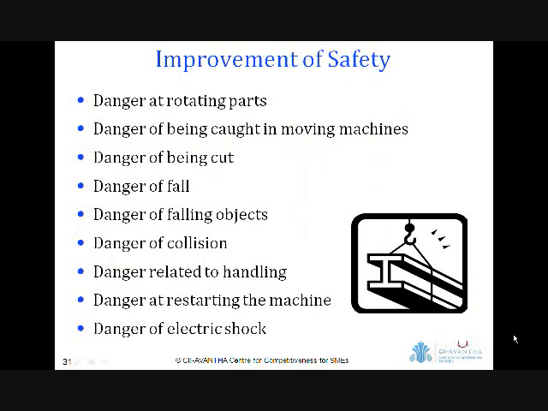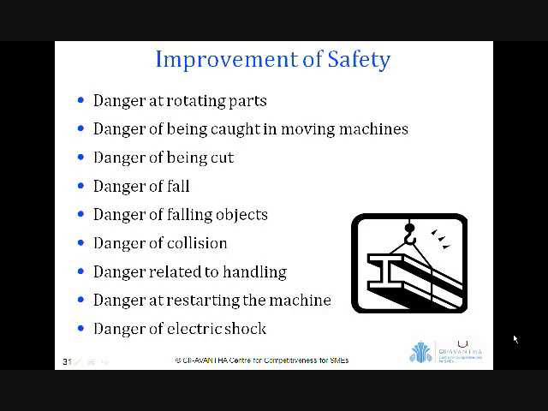Now another area is improvement in safety. You can find scope for Kaizen where there is a danger at rotating parts. You can create protection. Danger of being caught in a moving machine, provide some type of protection so you do not get caught. Danger of being cut, danger of fall. If you are working at the top, you should have railing. Danger of falling objects, danger of collision.